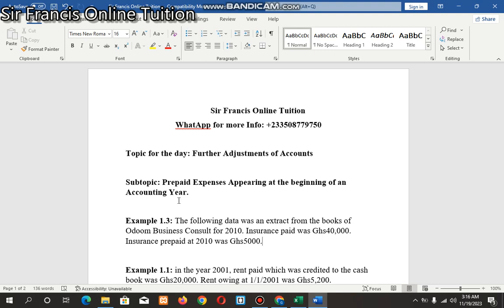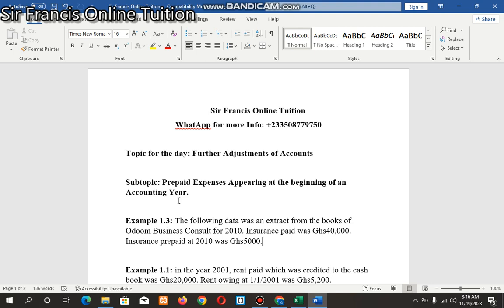So in the year 2010, the total rent for the business is 10,000 Ghana cedis. But as at the end of the year, the business has made payments relating to rent amounting to 15,000. It means that the extra 5,000 is an expense paid in advance for the coming year, which is 2011.